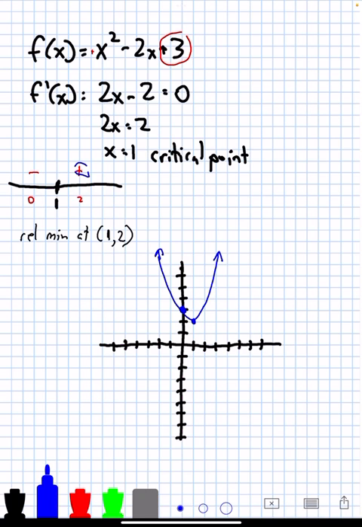So in this case, we know, as we mentioned before, it is decreasing from negative infinity up to 1, but it's increasing from 1 to infinity.